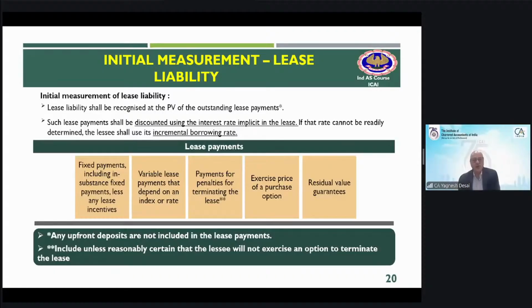If they do not qualify to be lease payments, do not recognize them as lease payments, expense them out. This will have a clear and cascading impact on the present value of lease payments, and concurrently and simultaneously on the initial measurement of the ROU asset. So these are very important.